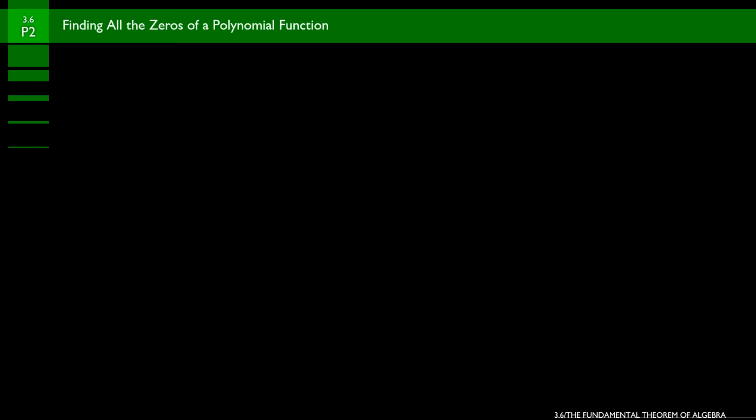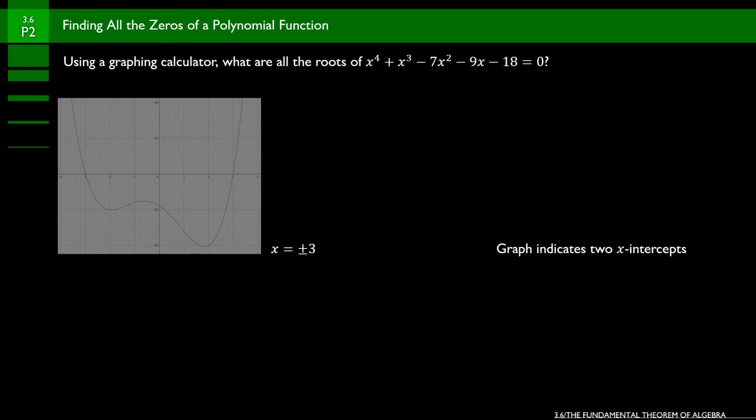In problem number 2, we're told to use a graphing calculator and find the roots of x to the 4th plus x cubed minus 7x squared minus 9x minus 18 equals 0. So when we plug that into our graphing calculator, we end up with x-intercepts at plus or minus 3. So this means that we only have 2 real solutions to our problem, positive 3 and negative 3.